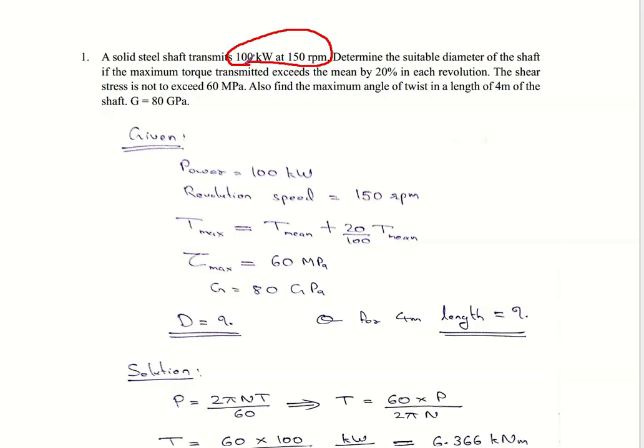So we will always have to design the shaft for maximum torque. Here they are saying that the maximum torque transmitted is more than the mean torque by 20%. That is, in mathematical terms, you can write it in this manner: T max is equal to T mean plus 20 by 100 of T mean.